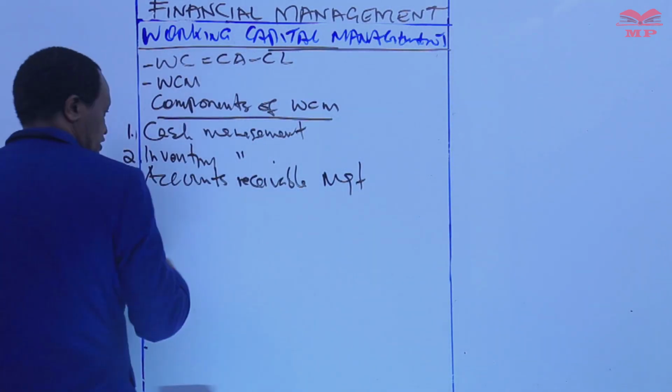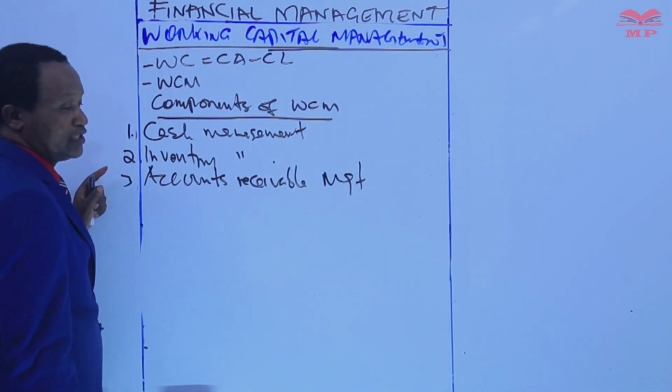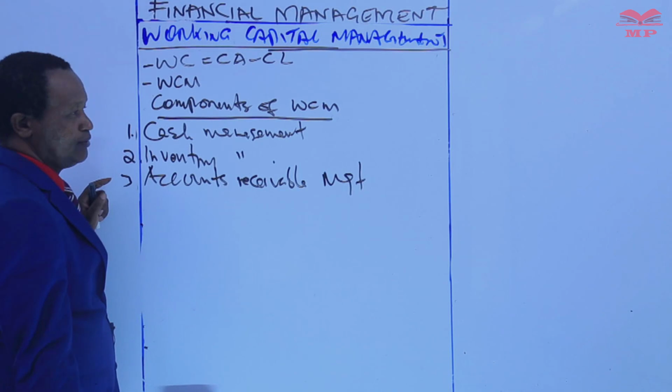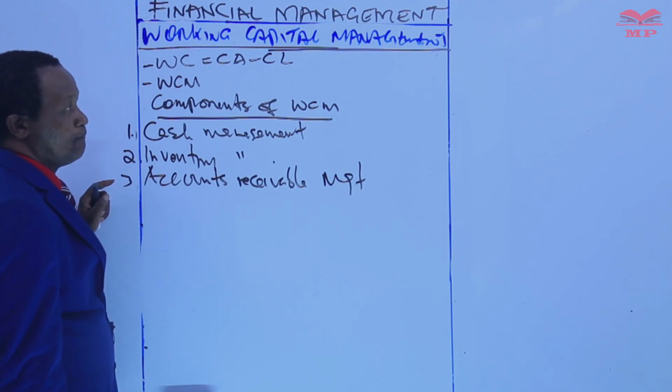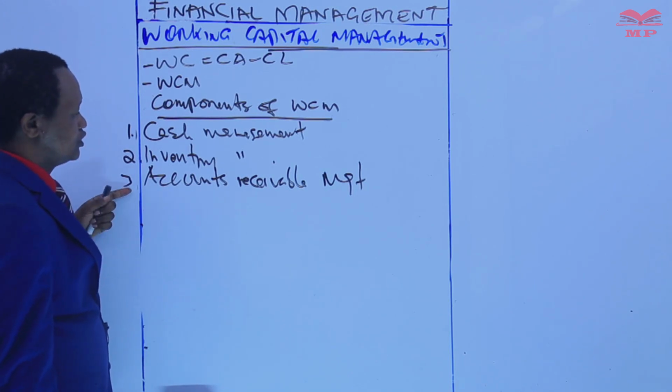And we'll be getting into details later on, candidates, what entails accounts receivable. When you manage debtors, you ensure that they pay in time, you ensure that there are no bad debts that are written off, you ensure that the policy on debtors is adhered to, and so on.